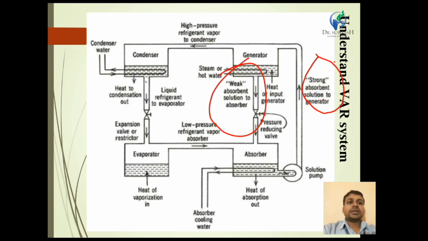Weak solution means the H2O separated in the generator goes back to the absorber, and the NH3 passes through the condenser and evaporator and returns to the absorber. There is much more NH3 content, so we call it a strong solution. The strong solution is passed through a pump and returned back to the generator, and the working cycle continues to operate.